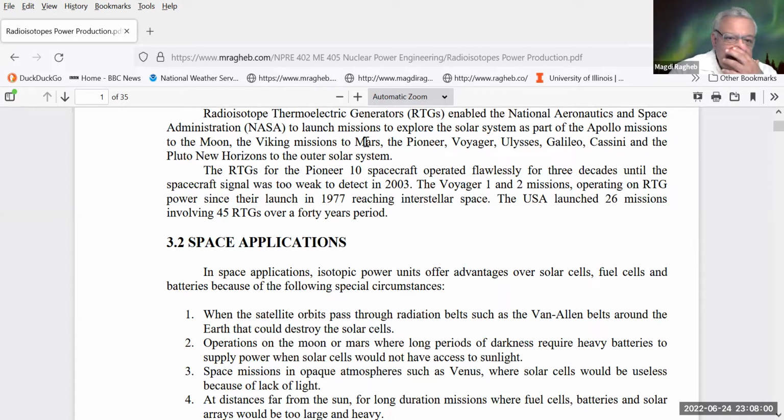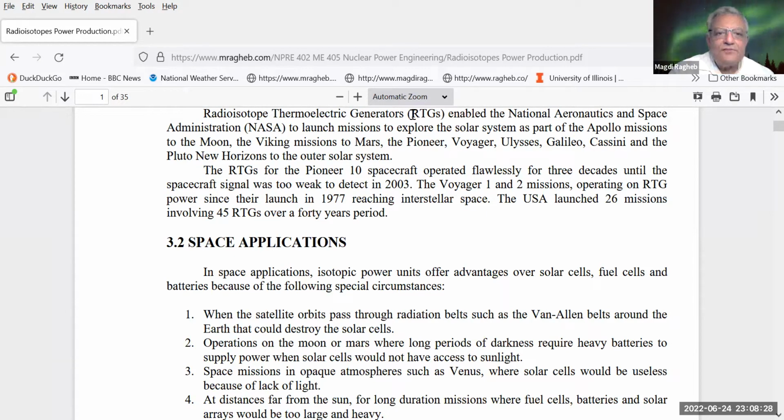The Viking missions to Mars, Pioneer, Voyager, Ulysses, Galileo, Cassini, and the Pluto New Horizons, that one went out beyond the outer reaches of the solar systems. So the designation is RTG, and I invite you to visit the NASA site, and in that case, you can learn more beyond what we are going to cover today.